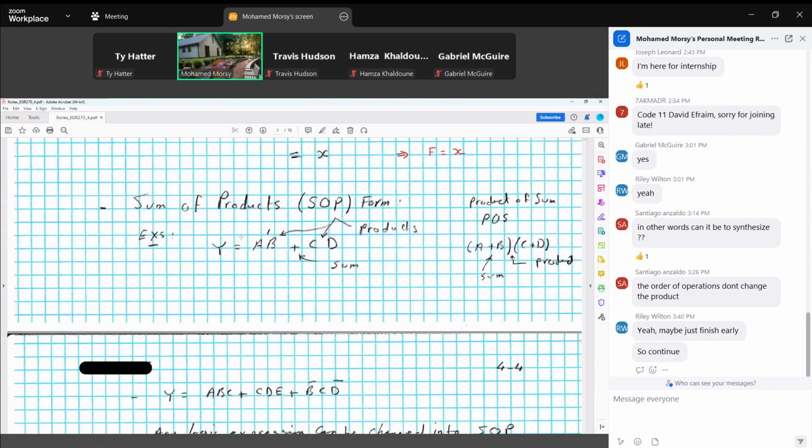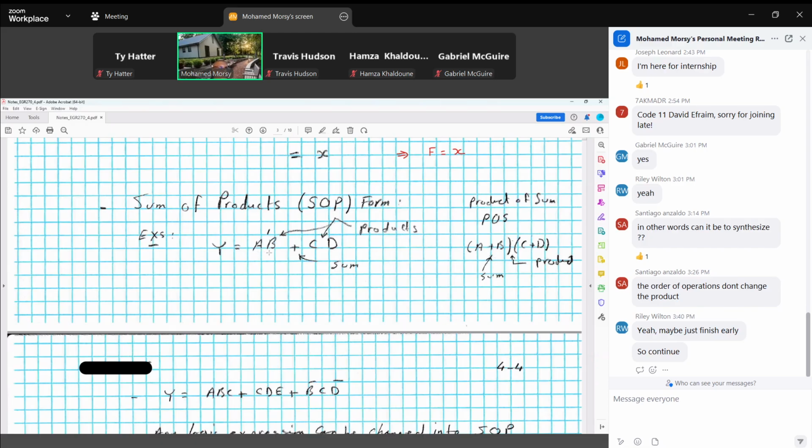Yeah. Okay. So sum of products. This output function, or Boolean function, may take a form called the sum of products, or SOP. We have product terms here.